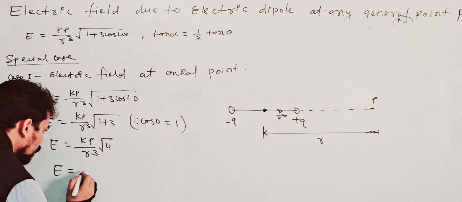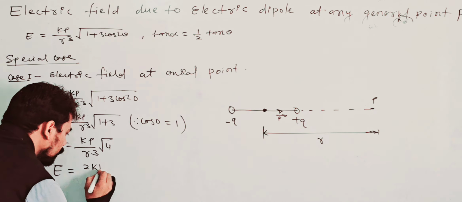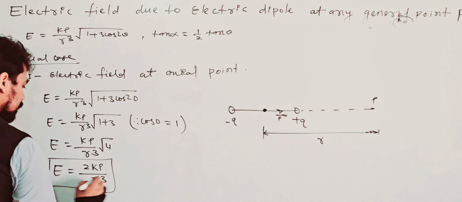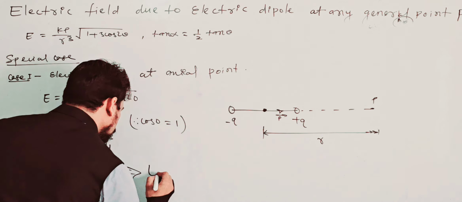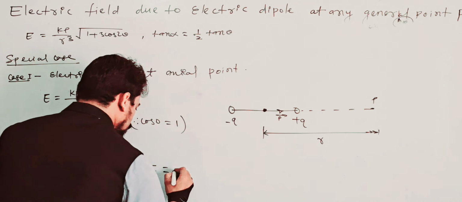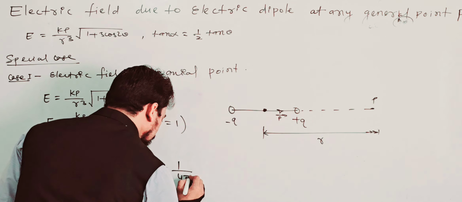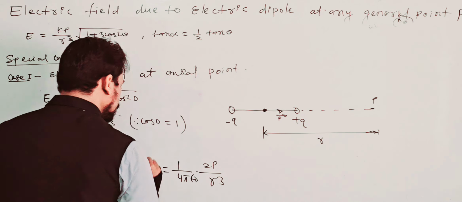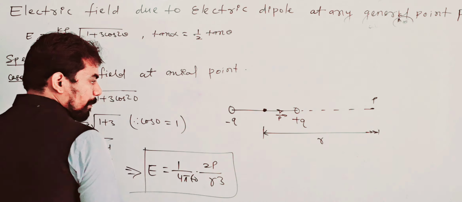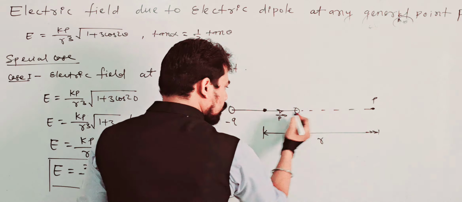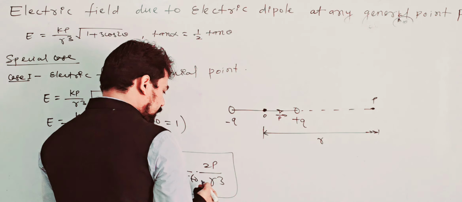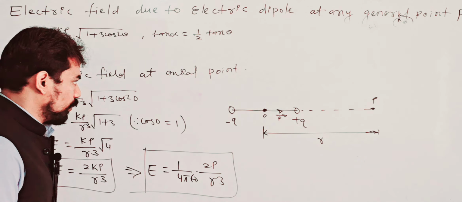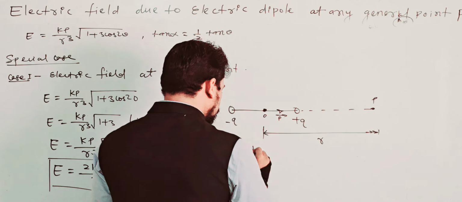So E equals 2 Kp by R cube. So you can write over here E equals 1 by 4 pi epsilon naught times 2p by R cube. R is the separation of point P from the center of the dipole, and P is qd, which is the dipole moment. And also you can write the direction.